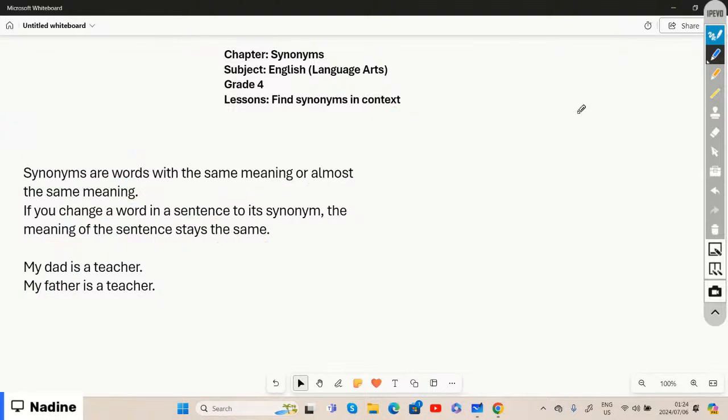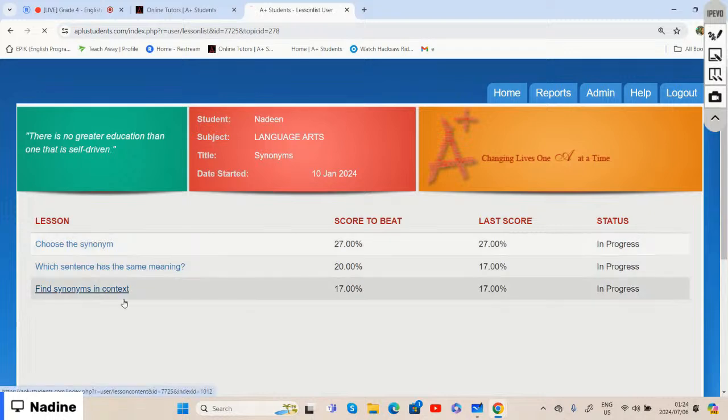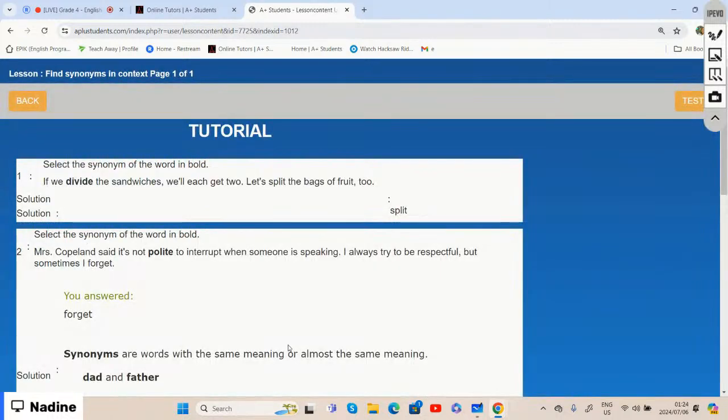All right, so now we're going to aplusstudents.ca, and we are going to the lesson of today and the synonyms. Like in our previous lesson, we had to choose synonyms, and we also had to say which synonym has the same meaning. That was the same as us now identifying different synonyms of the words. Now we are going to find synonyms in context.